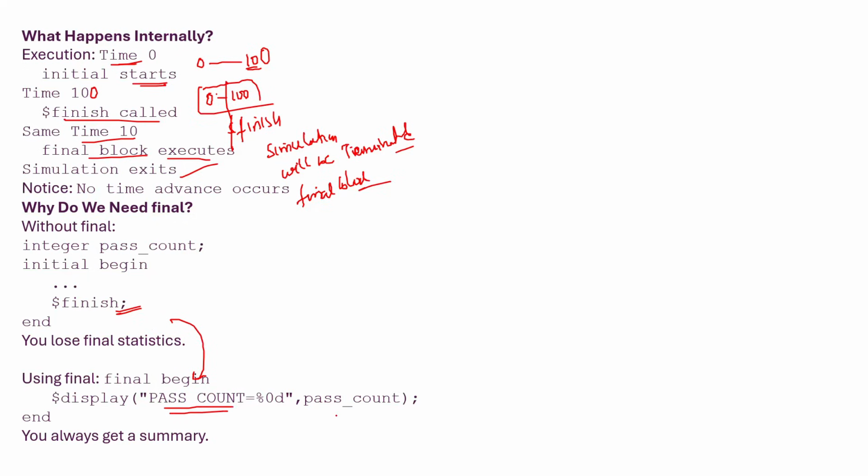So how many tests passed? Those are the statistics. How many tests failed? What is your coverage report and what goal did you reach? All these things are reported here. In the final block, we get all the statistics.